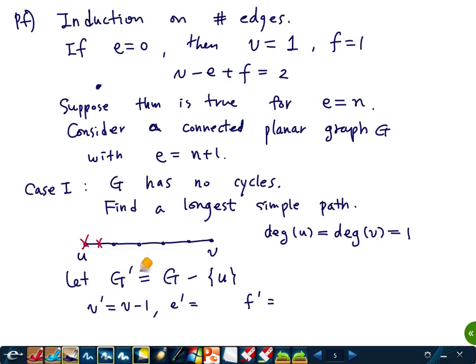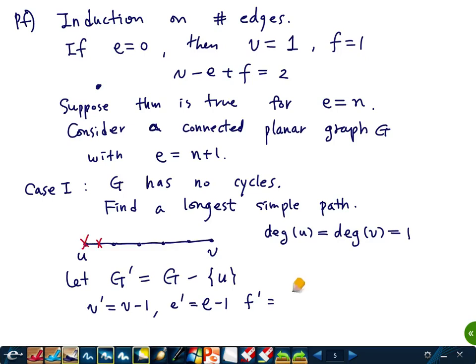What about E prime? We deleted just one edge, so it's E minus 1. What about the faces? G prime must be a planar graph, right? It is connected and planar, because we just deleted one vertex connected by just one edge. If you have a drawing without crossing edges over G, then by deleting one edge and one vertex, you still have a connected planar graph.